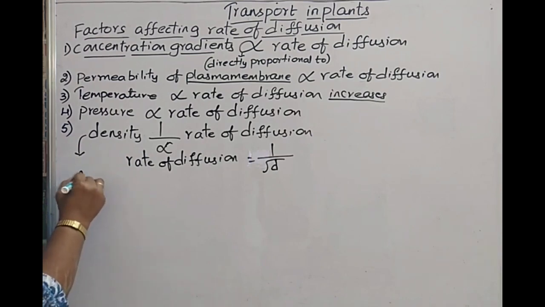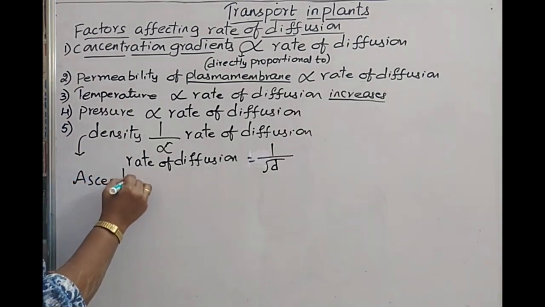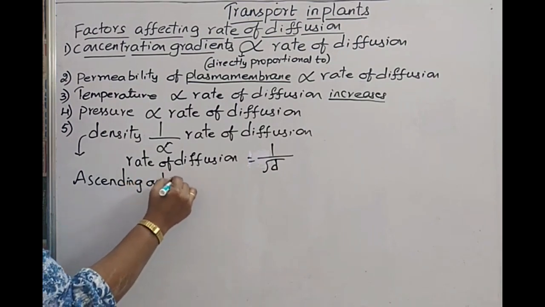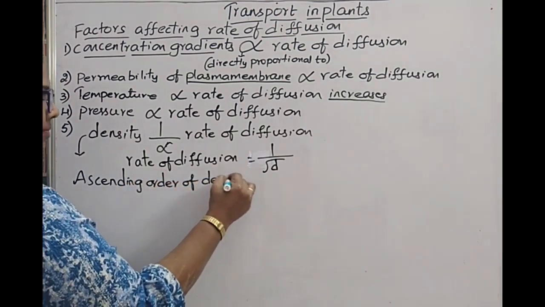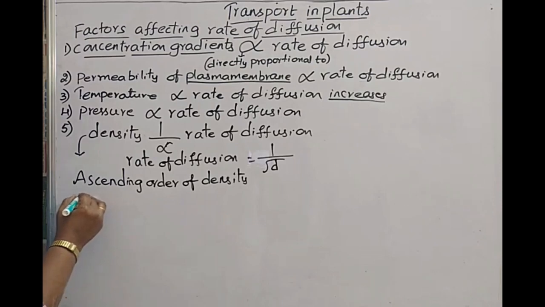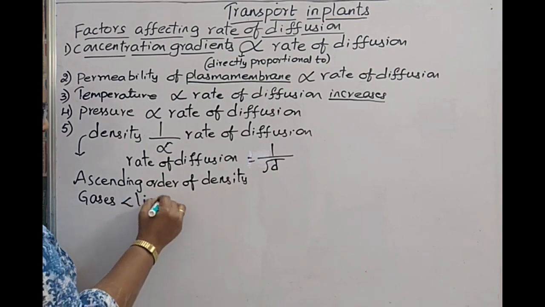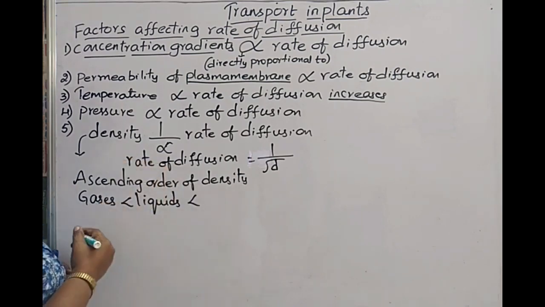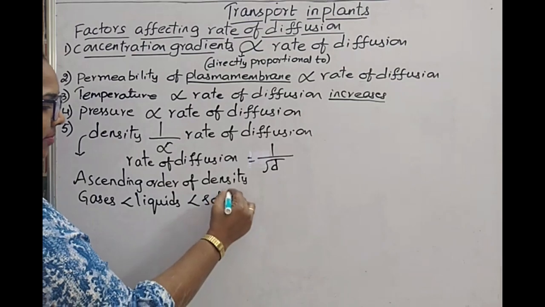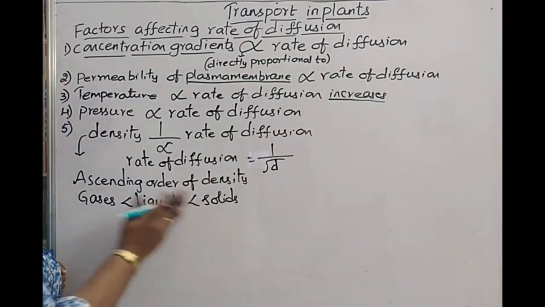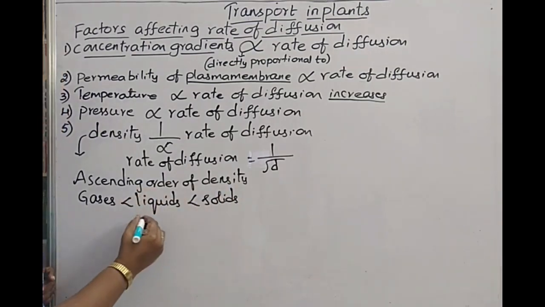If you write in ascending order of density, gases are having less density than liquids, which are having less density than solids. If the condition is like this, then what is happening to the rate of diffusion?